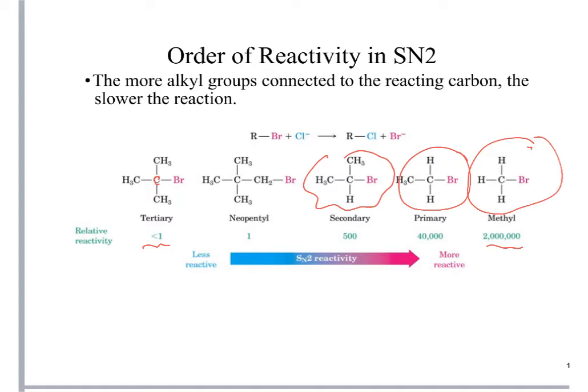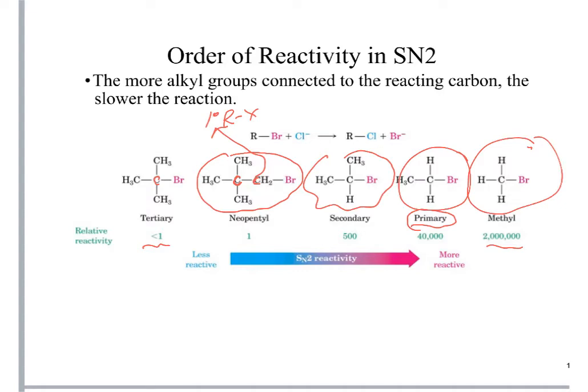And then take a look at the specific case of a primary alkyl halide. So this is still a primary alkyl halide because this carbon is connected to only one other carbon atom, but it is not reactive at all. So compare this primary alkyl halide, neopentyl bromide, with this primary alkyl halide. Notice the different order of magnitude in reactivity.